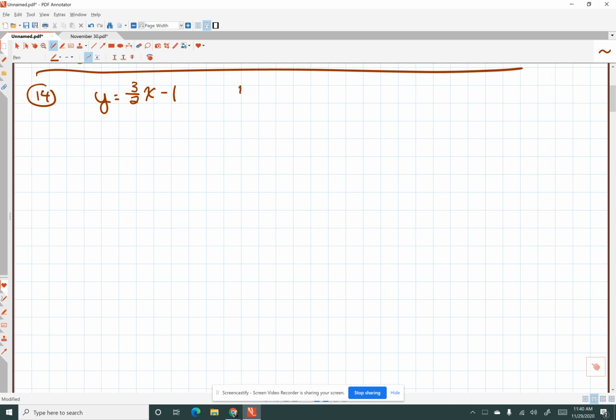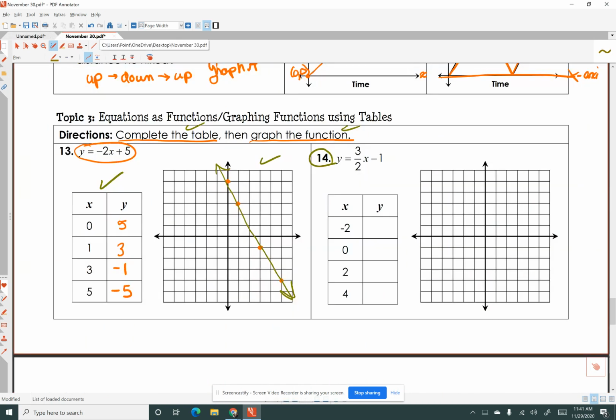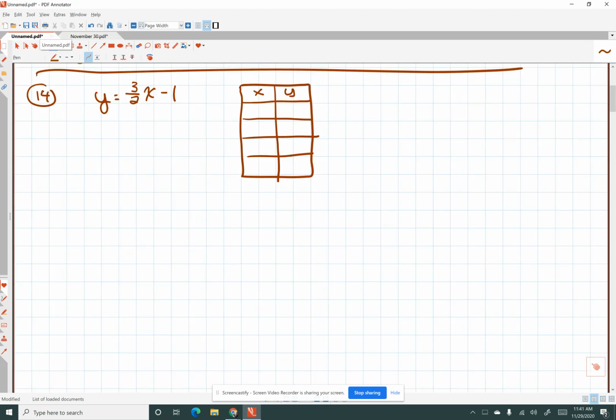Let's create our table. And we have our x values. Let's take a look at those again. Negative 2, 0, 2, and 4. And let's start evaluating.